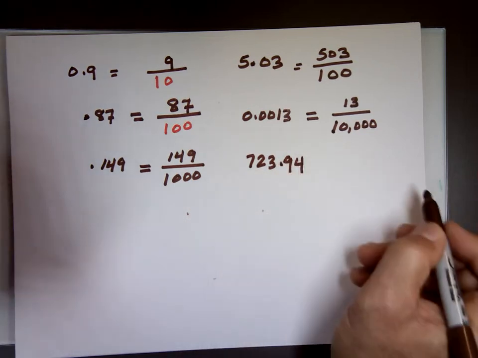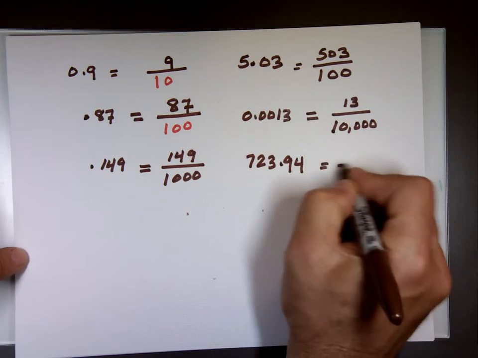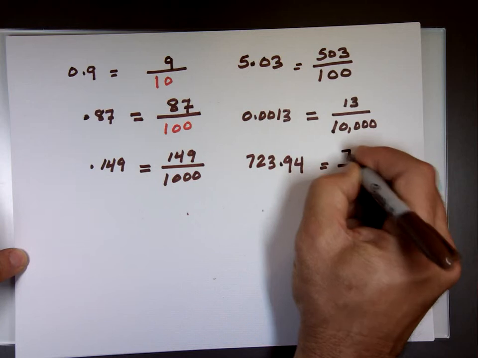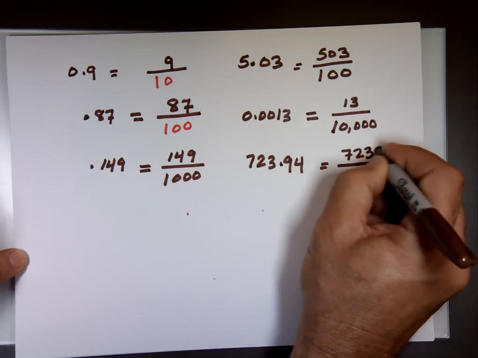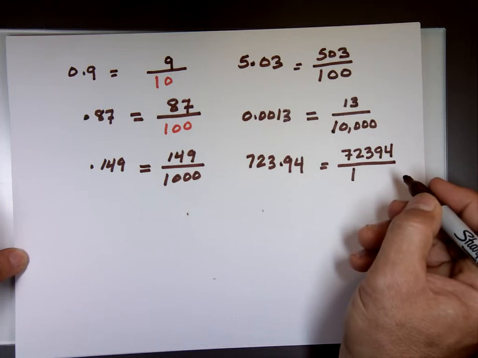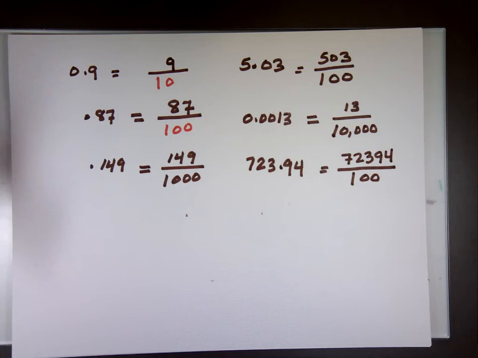Next, 7.23.94. Write the number without the decimal point, divided by 1 followed by how many zeros? 2. And this you have to simplify. Notice the last digit is what? Even?